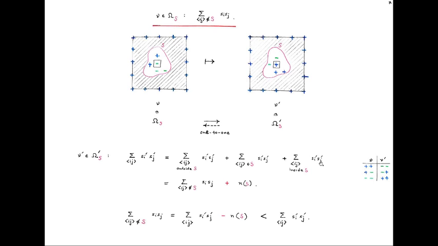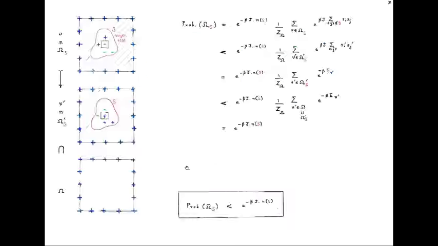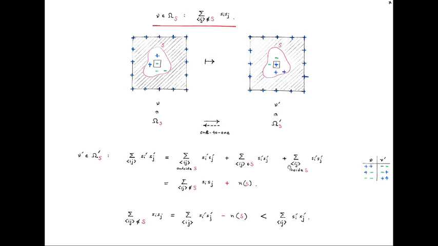So this Si prime Sj prime for the new configuration, if the nearest neighbor bond is inside S, is the same as SiSj, what you initially started off with. So both of these sums, either completely outside S or completely inside S, can be combined into one, where the nearest neighbor bond is not separated by S, and then Si prime Sj prime is the same as what you had earlier.